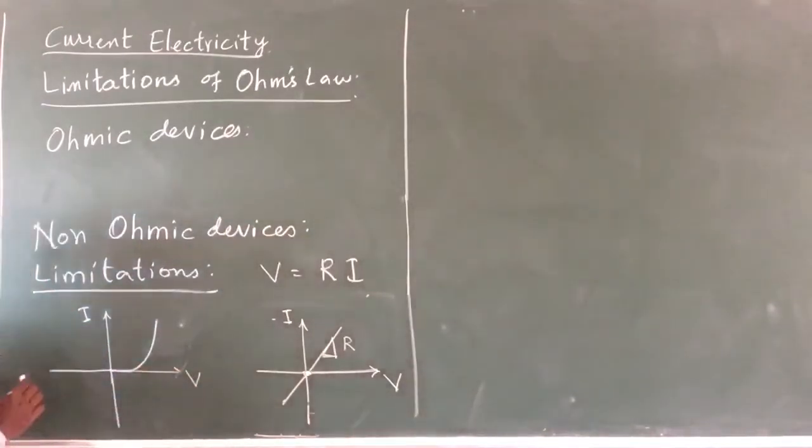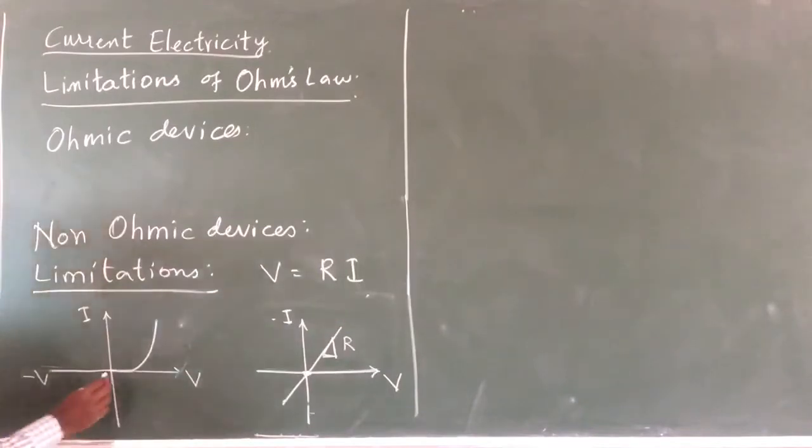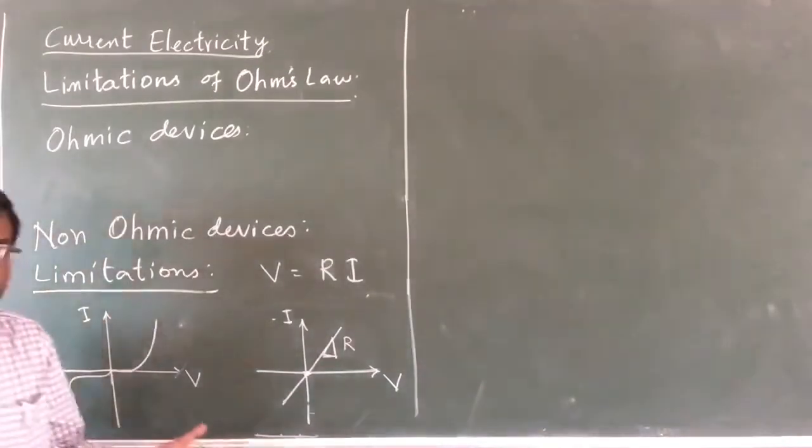If I apply the negative voltage, on the negative x-axis, I should get a similar curve. But if I apply the negative potential to the diode, then instead of this kind of curve in the third quadrant, what it gives is something like this. So this is the graph when the diode is reverse biased.